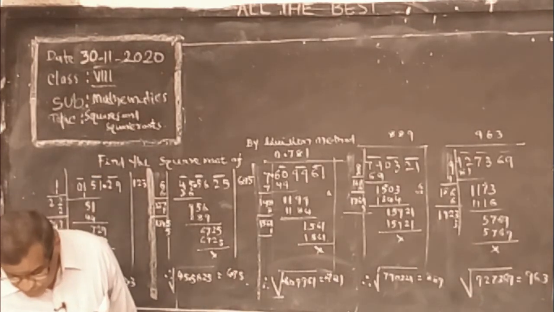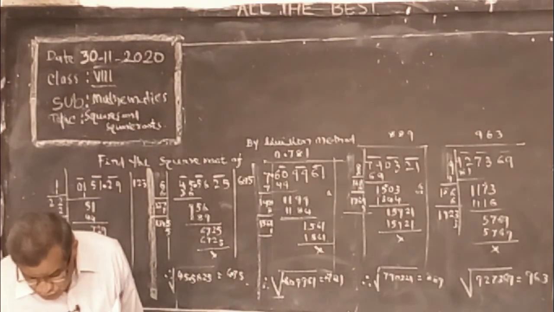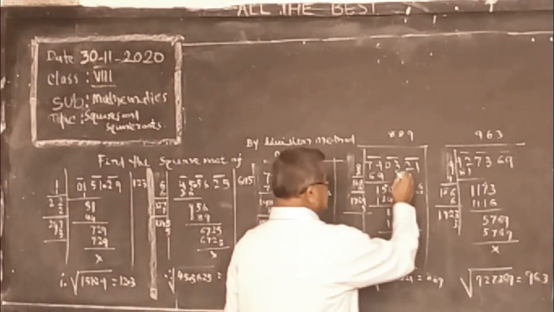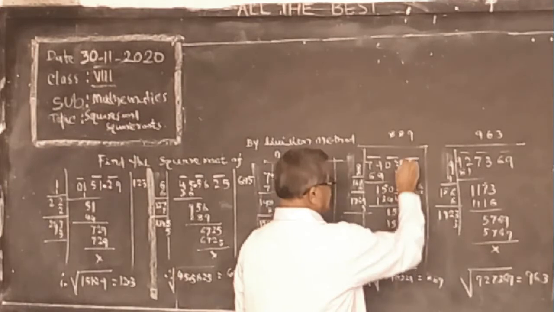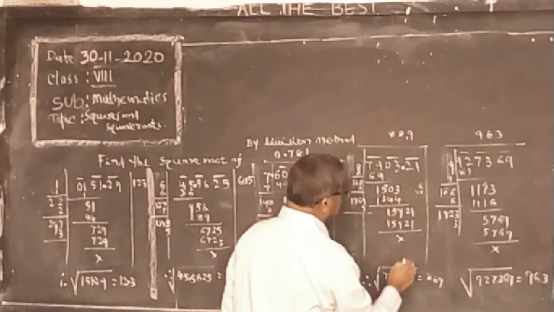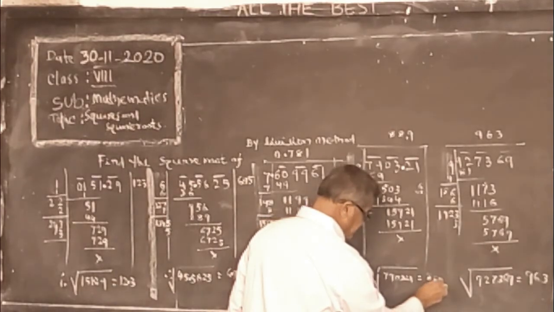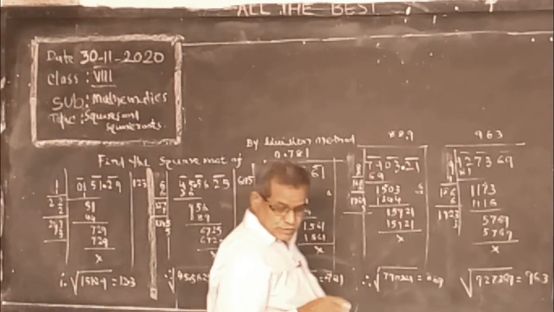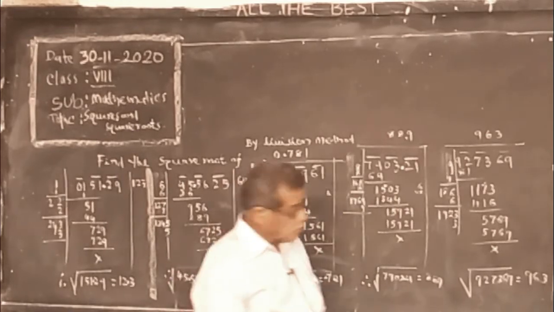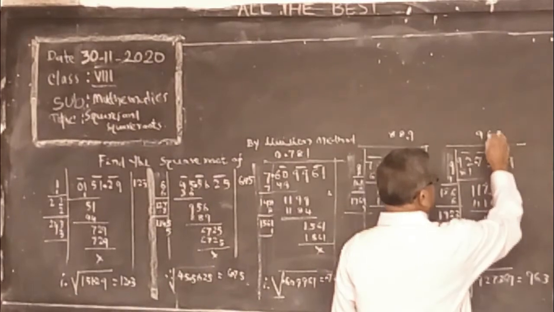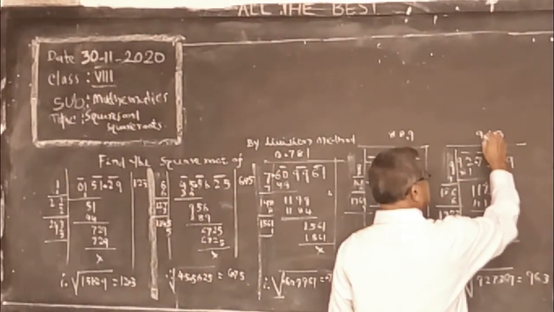So like that we have to do when only 2 digits are given. Suppose here decimal 2. Here also 2 means 1 decimal. Like this. Suppose here given 4 digits.